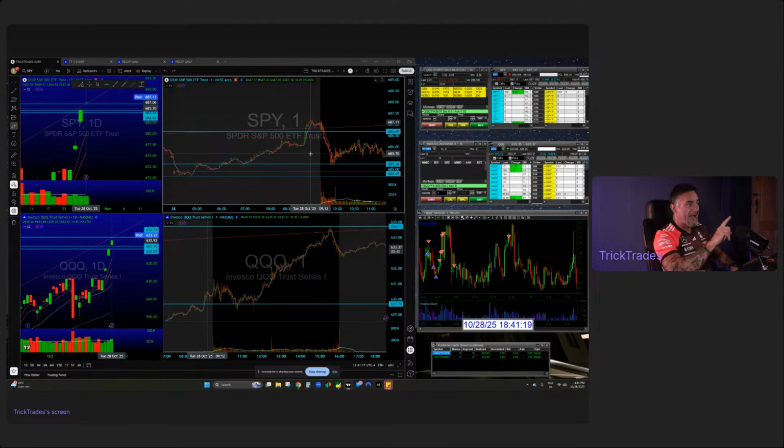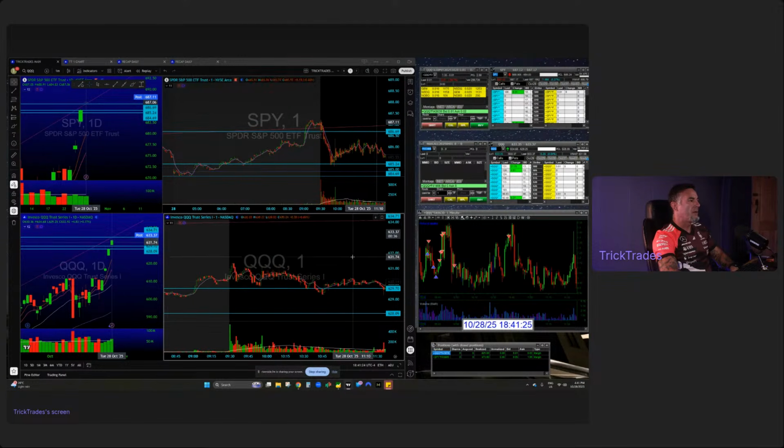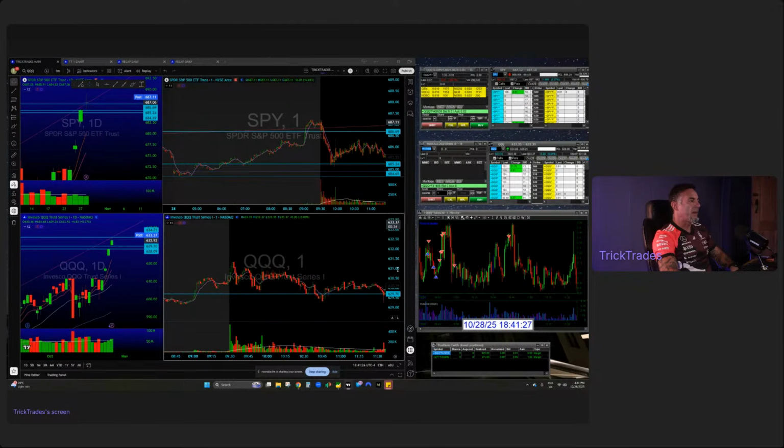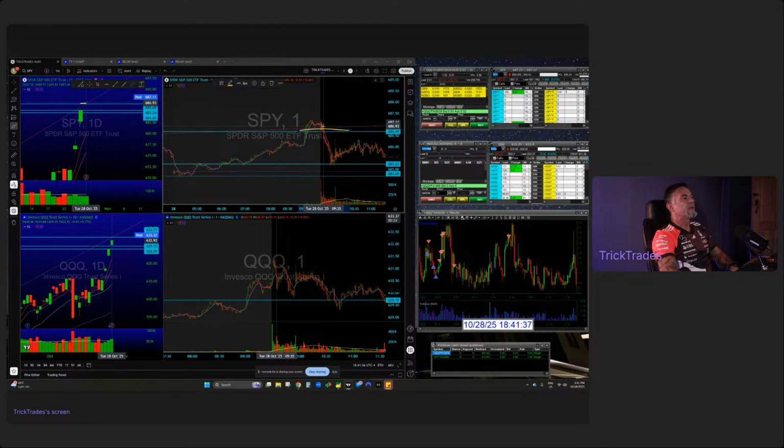But before that, there was a trade that we could get involved with here on Qs, and I'm going to explain that trade. So what I just showed you here on SPY is we are above a level, so that is support. Once we get below that level, it becomes resistance. It's technical analysis 101.